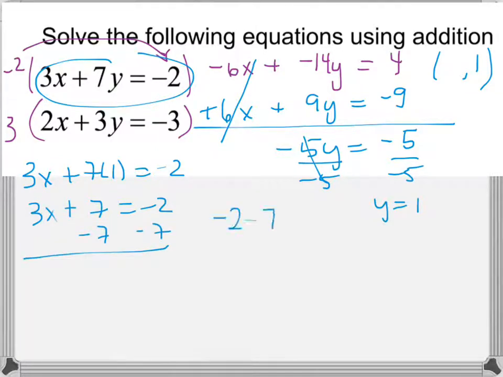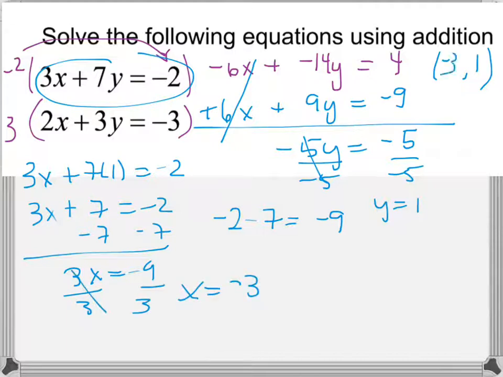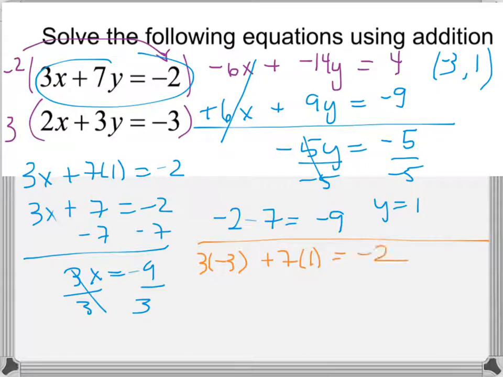Negative 2 minus 7 ends up being negative 9. So if 3x is equal to negative 9, x must be equal to negative 3. So let's put that in here. Now let's perform a check. Okay, so 3 times negative 3 plus 7 times 1 should be equal to negative 2.